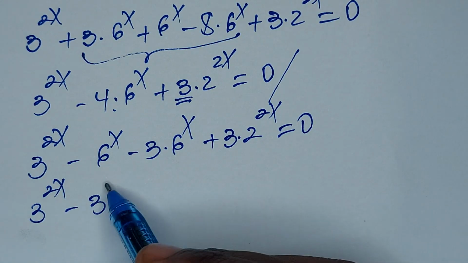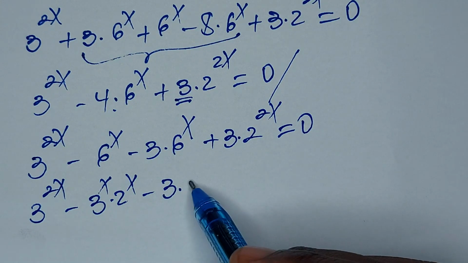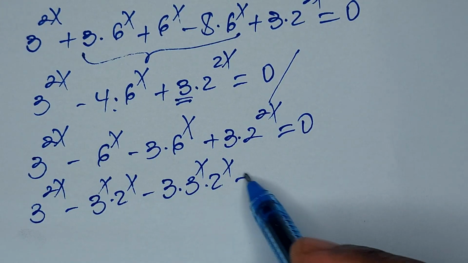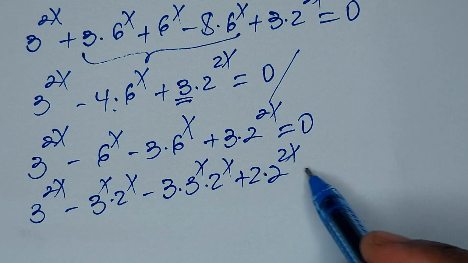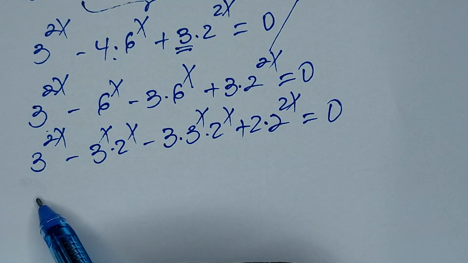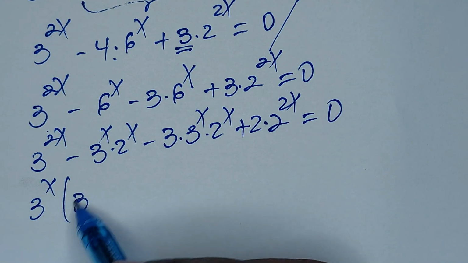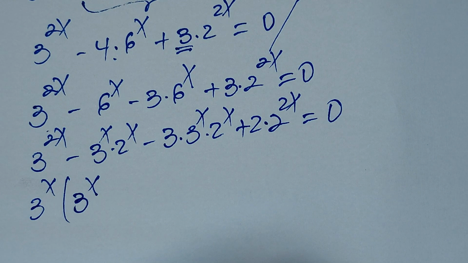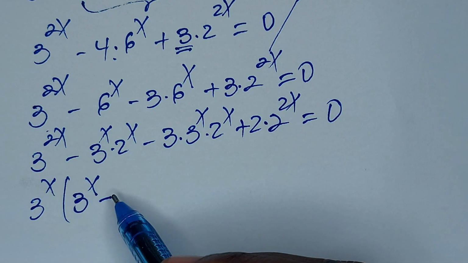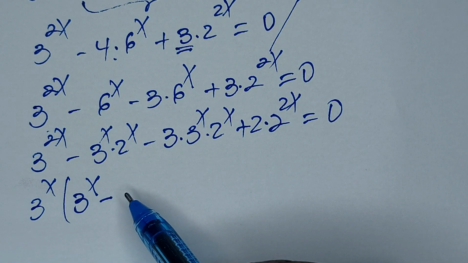This is 3 to the x times 2 to the x minus 3 times 3 to the x times 2 to the x plus 3 times 2 to the 2x equals 0.